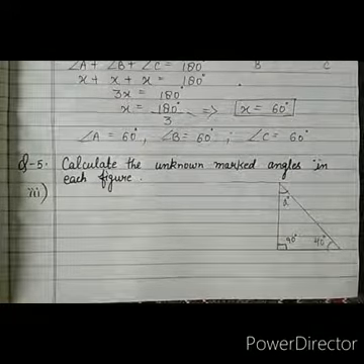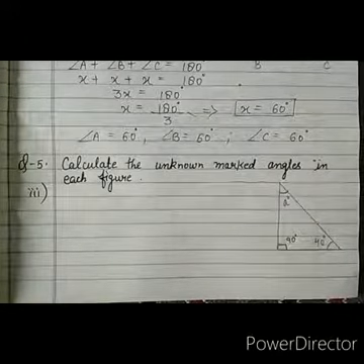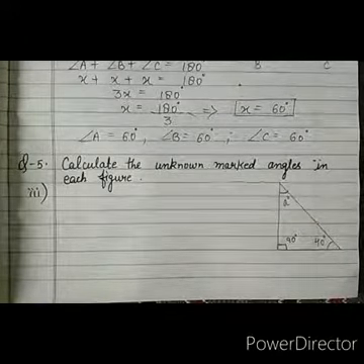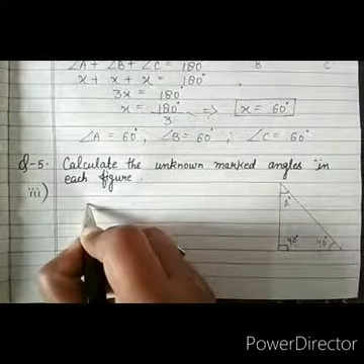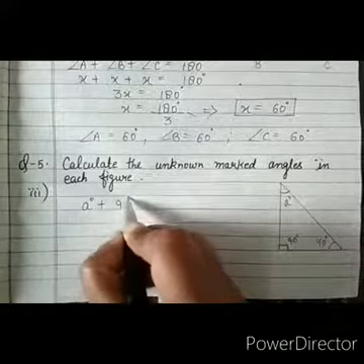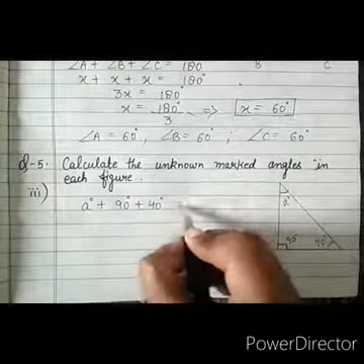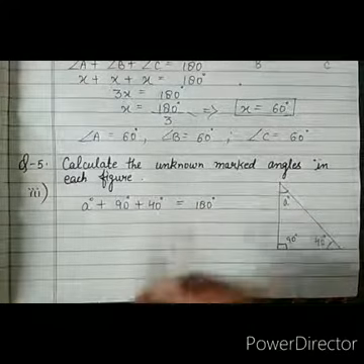As we know that the sum of interior angles of a triangle is equal to 180 degrees, here we have to add all three angles, that is A degrees plus 90 degrees plus 40 degrees, and it should be equal to 180 degrees.